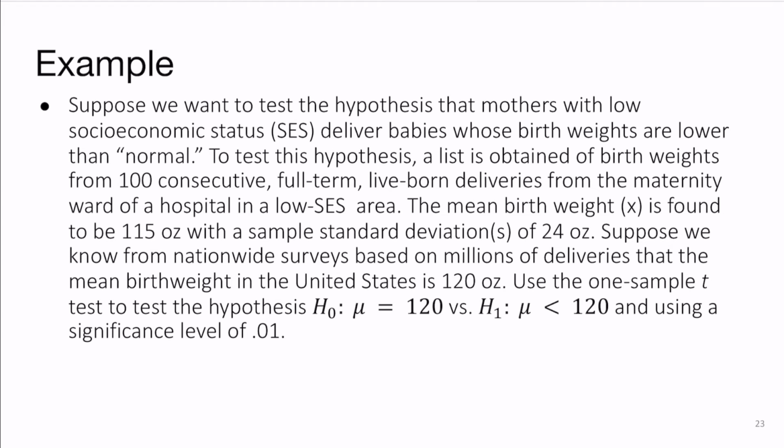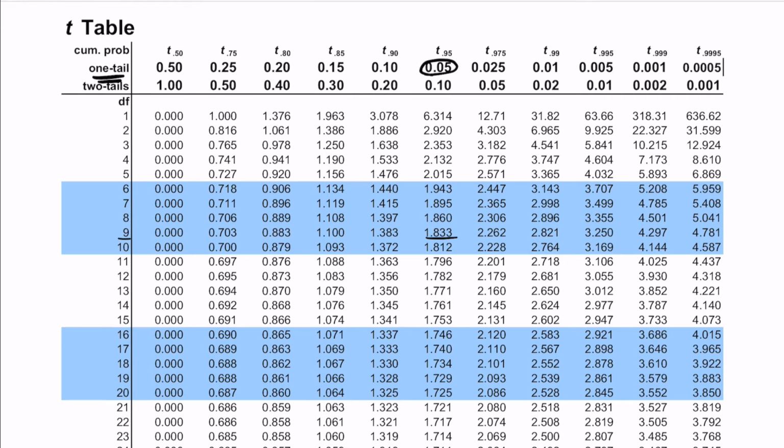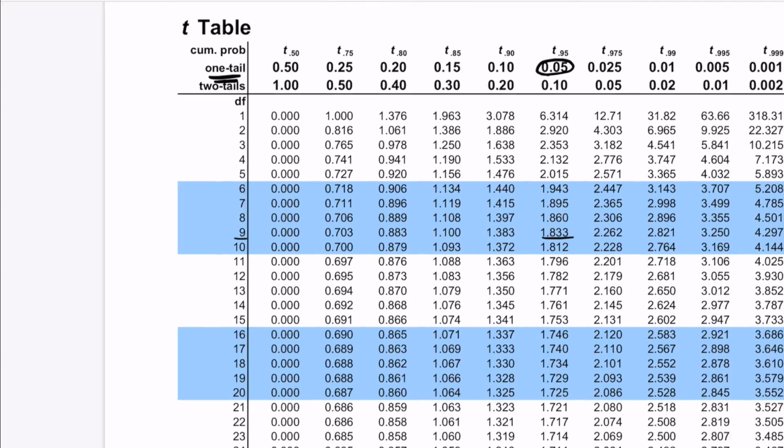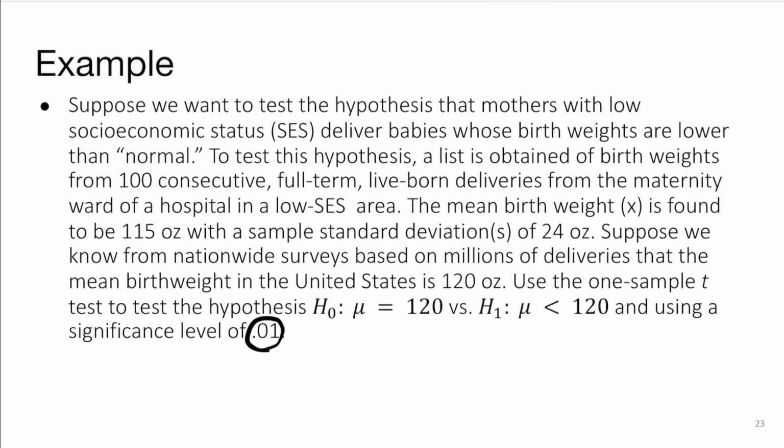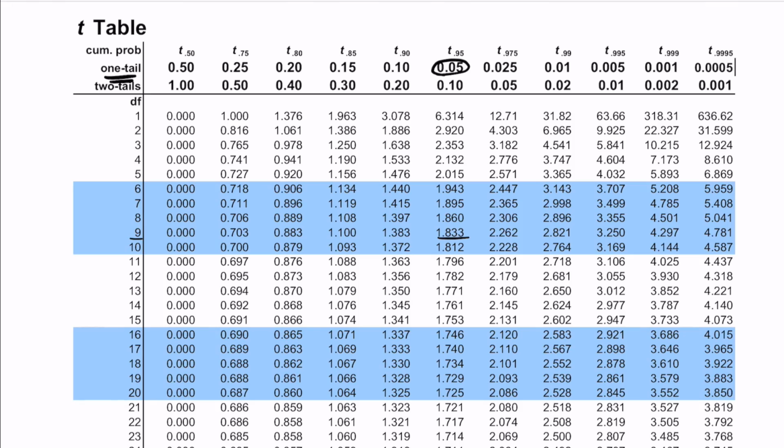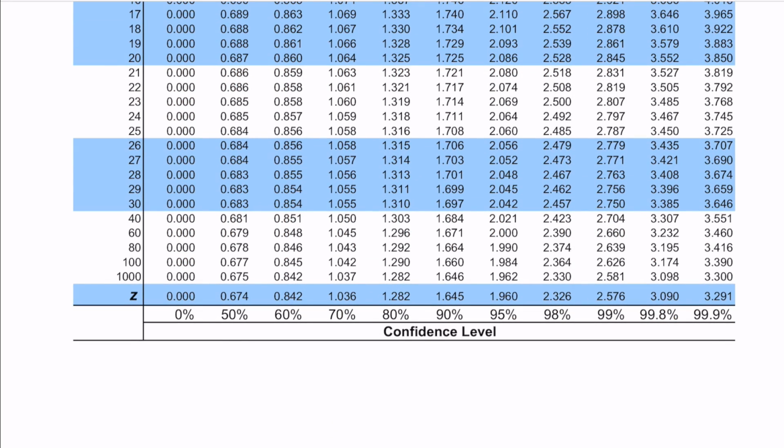Use the same principle now and try to use a significance level of 0.01. So for the test value, let me find it here. The sample size is 100, so the value is 100. Take 100 itself. Do not take 99 because we do not have 99 in the table.